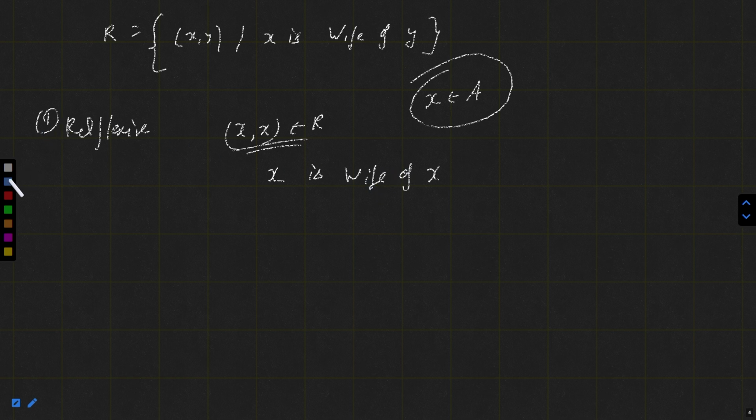So it is not reflexive. I hope it is quite clear that (x, x) does not belong to R, by definition, because x is not a wife of itself.